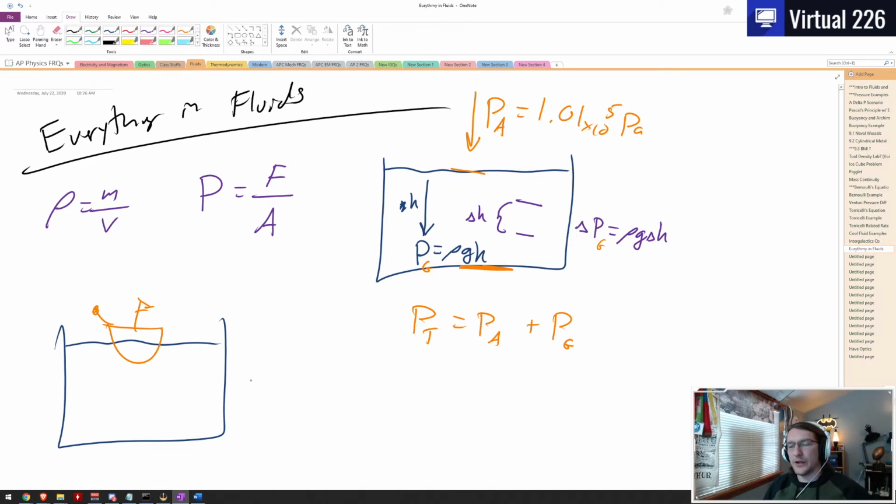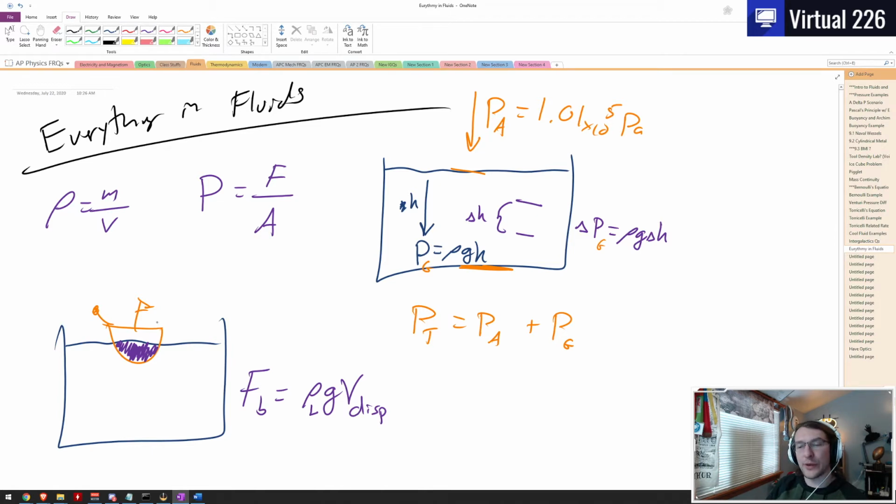Well, the buoyant force, FB, is equivalent to rho GV, where rho is the density of the fluid or the liquid that you're in, G is gravity as always, and this volume is the volume that is displaced by the boat. So it's only this volume that is actually displacing water, because that is the actual fluid that is being displaced, and that displaced fluid allows for that buoyant force, which is acting up on your object.